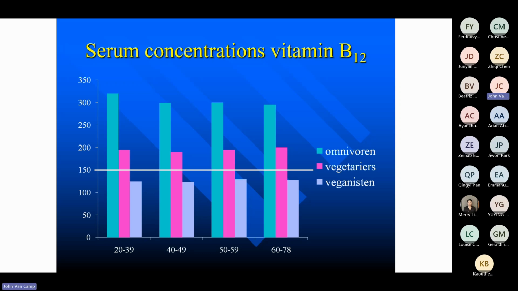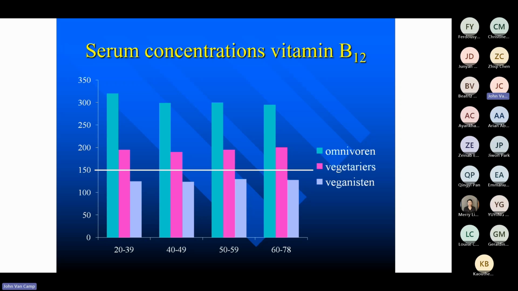And you can see here the average serum concentrations. The white horizontal line at 150 stands for the ideal levels in the plasma. And you can see that only the omnivores are a little bit in the safe case. The vegetarians, part of them are okay because don't remember this is a mean value, so there is a curvature around it.